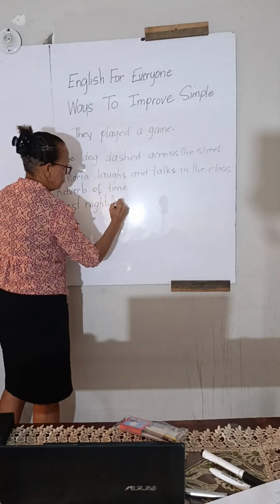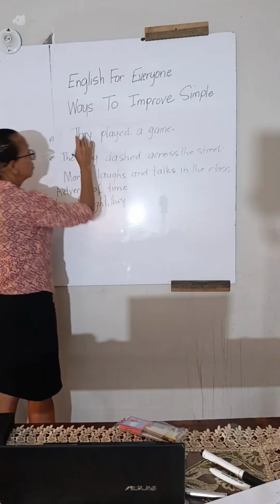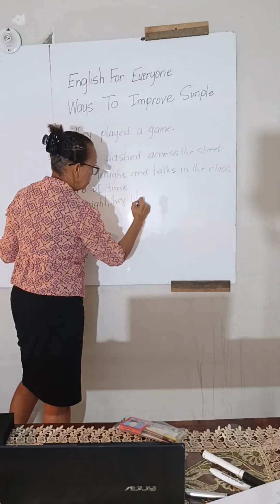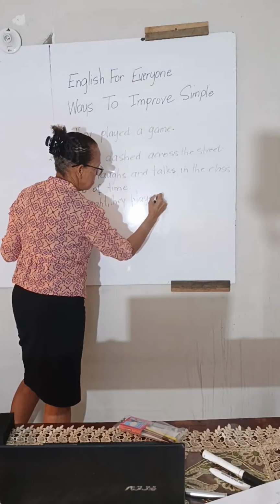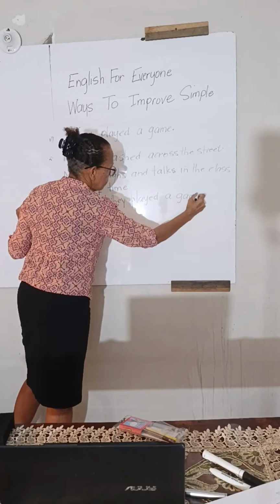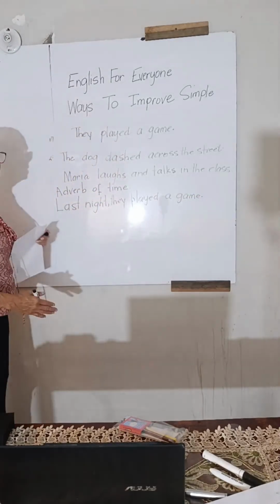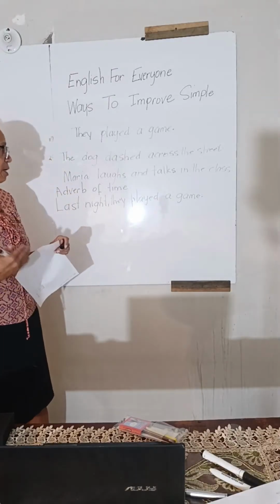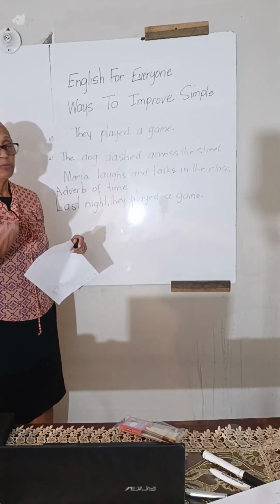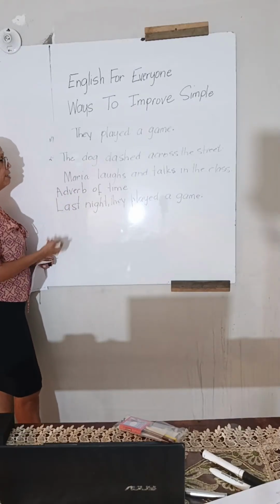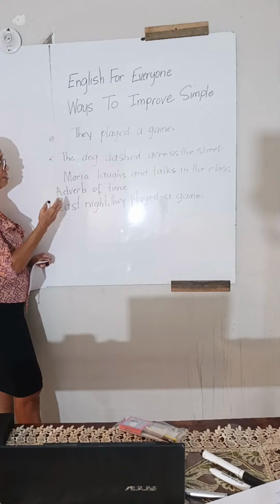They, so you no longer have the capital. They played a game. So you find that we are not writing with the subject, verb, object. Last night we're starting with an adverbial phrase of time.